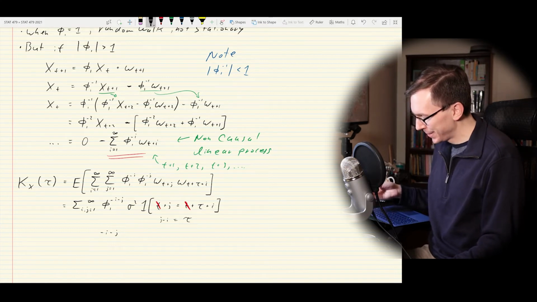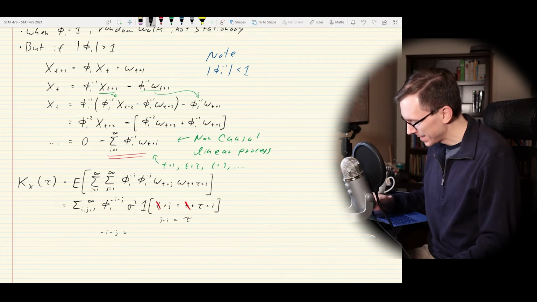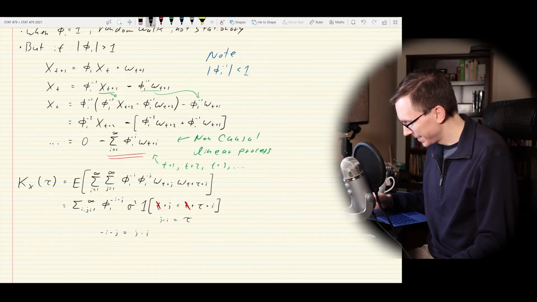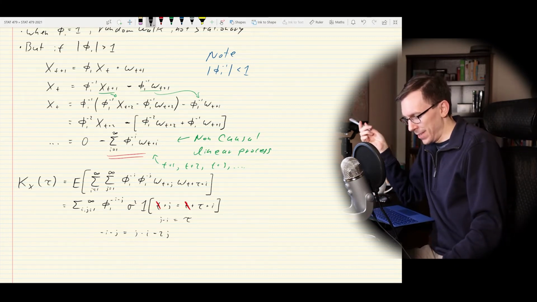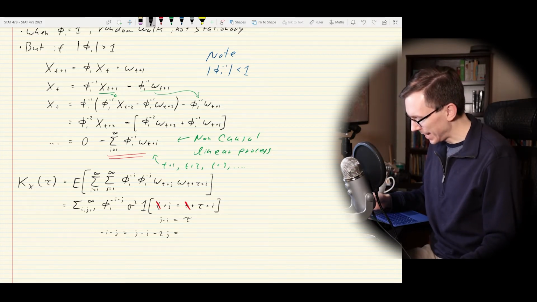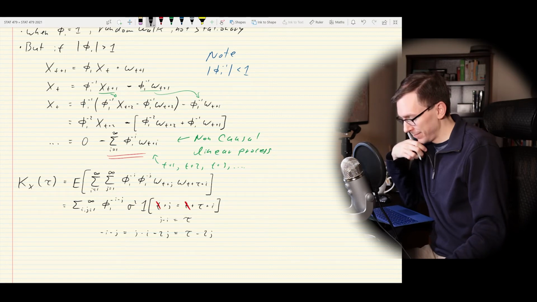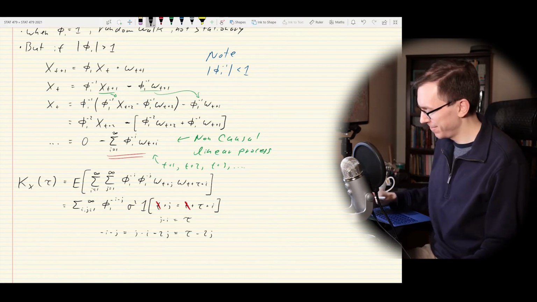So I want to write minus i minus j as j minus i, minus 2j. Did I do that right? I think I did that right, because then I can replace that first part with a tau minus 2j, something that looks like that. Yeah, I think that's good.